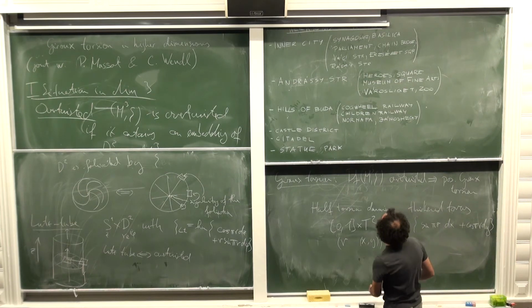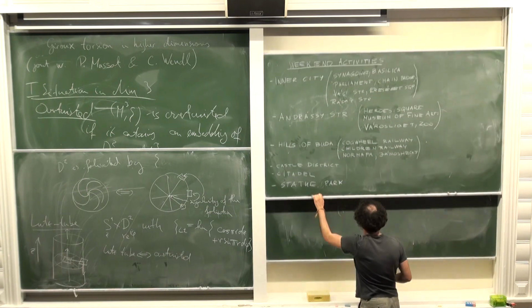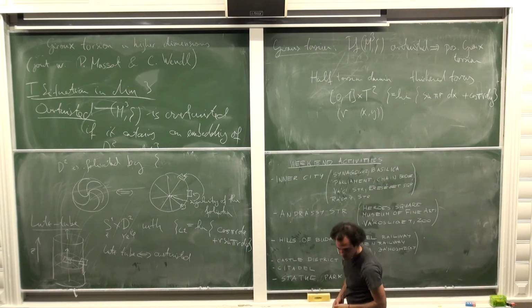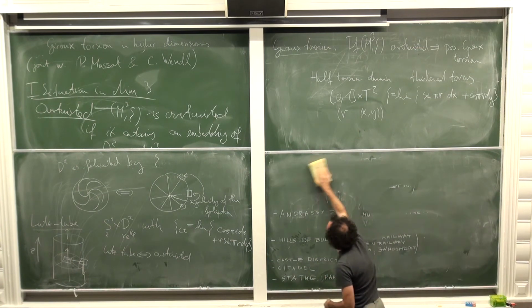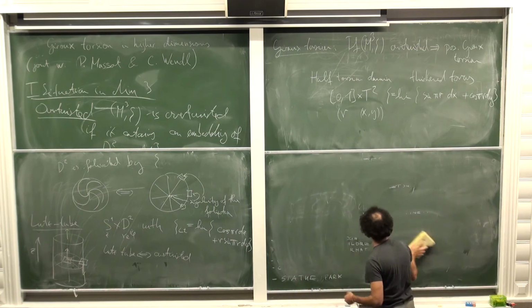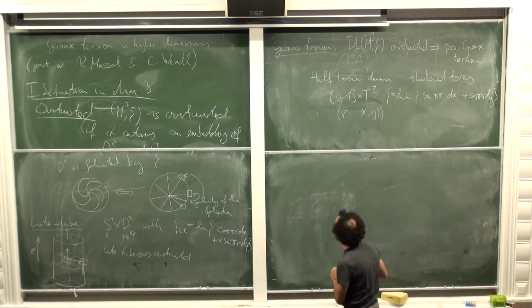And if I try to sketch this, this is a typical way to sketch it. It's like this. You take a cube, you identify some of the faces.